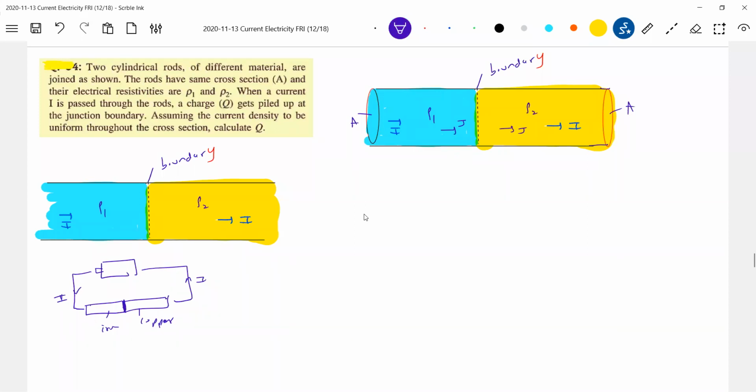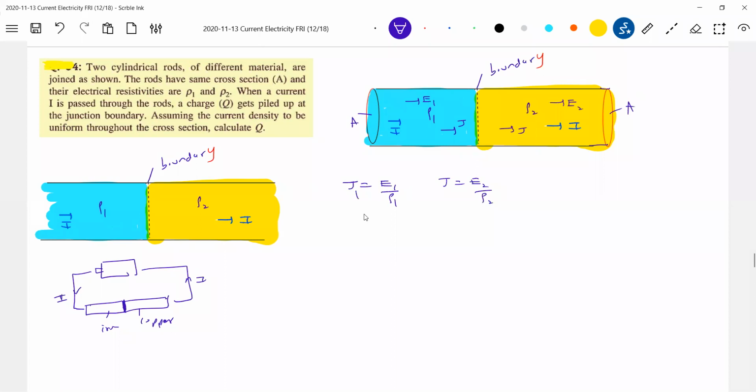And how do we define the electric field inside it? This will be E1, this will be E2. Why different electric fields? We know J is equal to E1 by rho 1 in the first region. In the second region, E2 by rho 2.